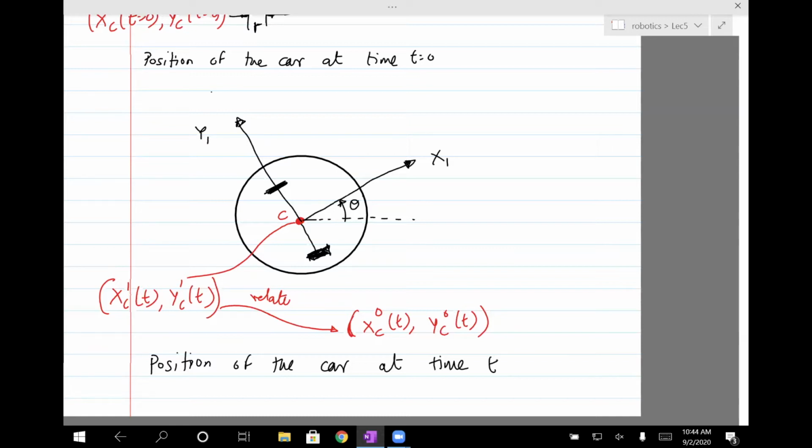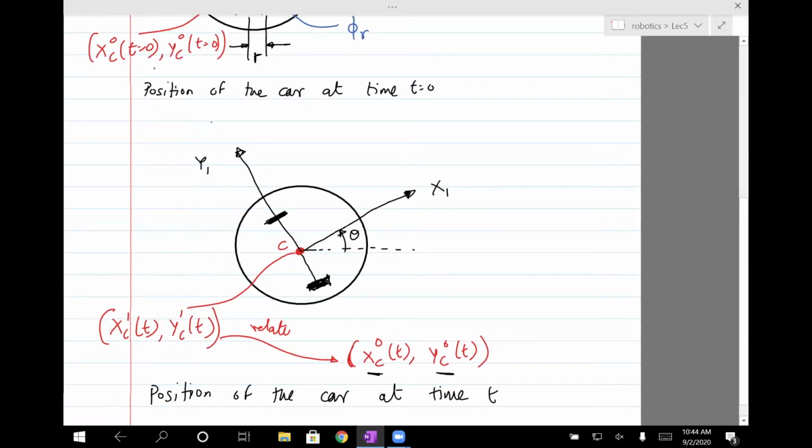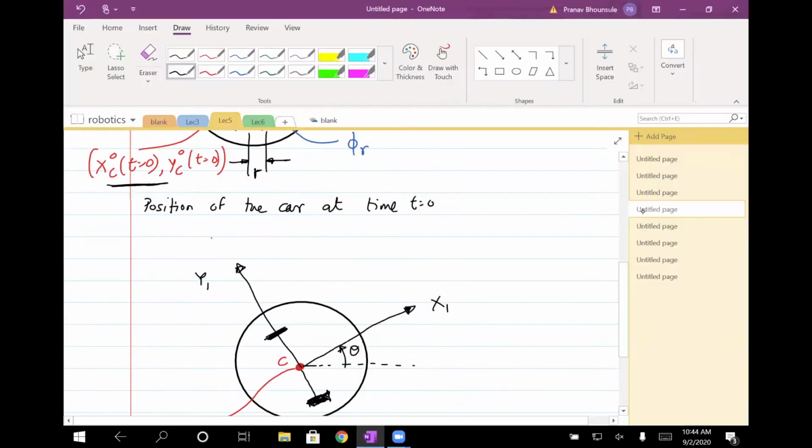In this case, the forward kinematics problem is to find the position of the car: xc at time t, yc at time t, and the angle theta, given the driving history. So how you spin the two wheels, phi dot r, phi dot l, and also given the initial position of the car. So let me rewrite that. So forward kinematics.